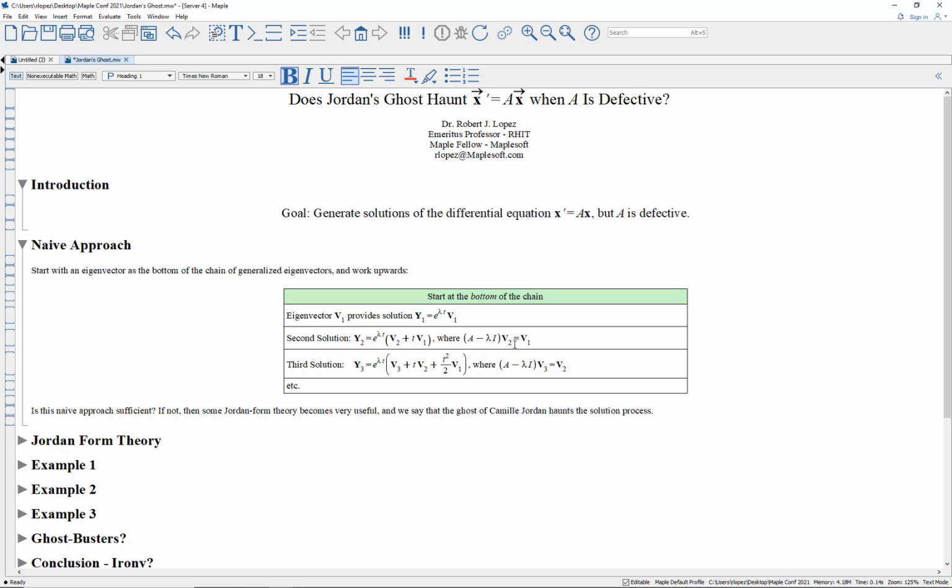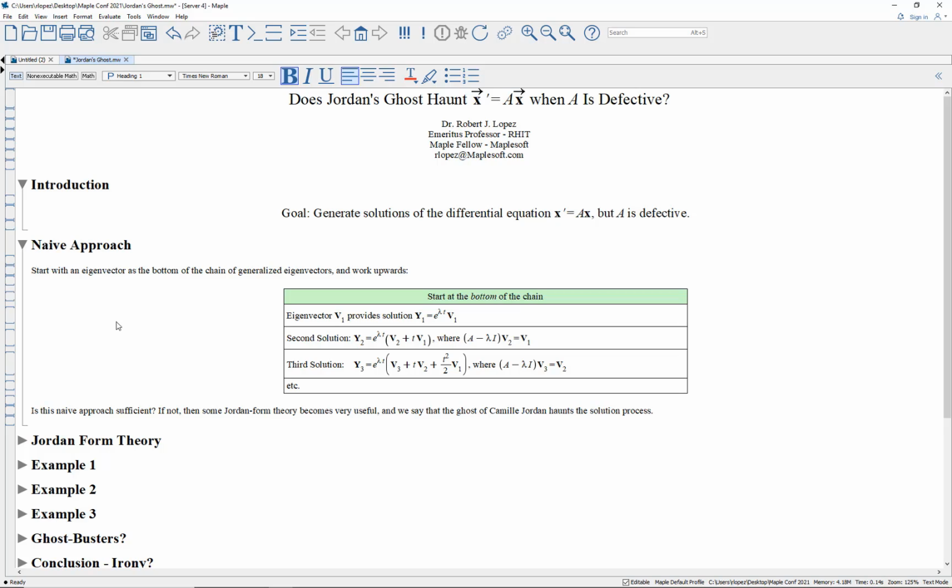So the first generalized eigenvector would be a solution of this equation. This is the unknown, this is the known. Solve this system for this vector. To get another one, you would solve this system. This is now known. This would be the unknown. Solve this system. So that's going up the chain starting from the eigenvector.